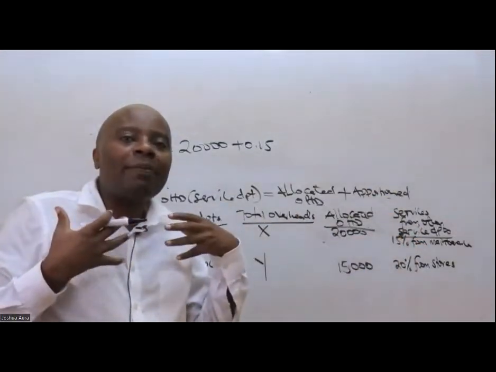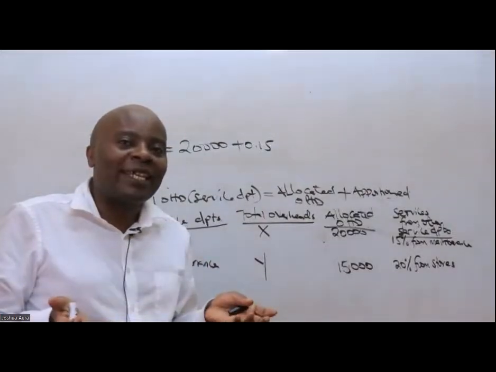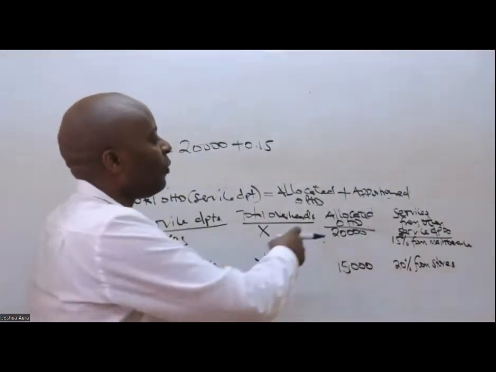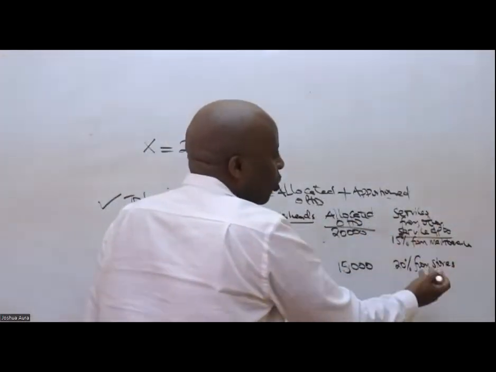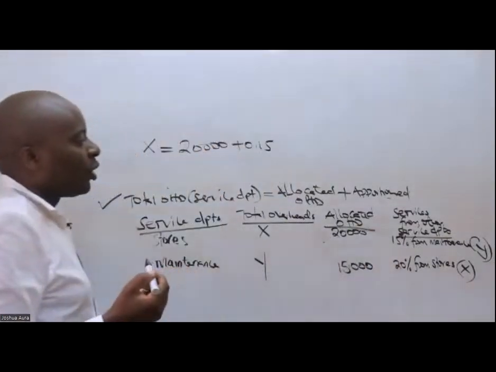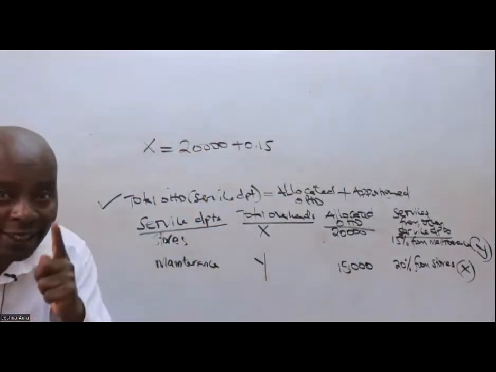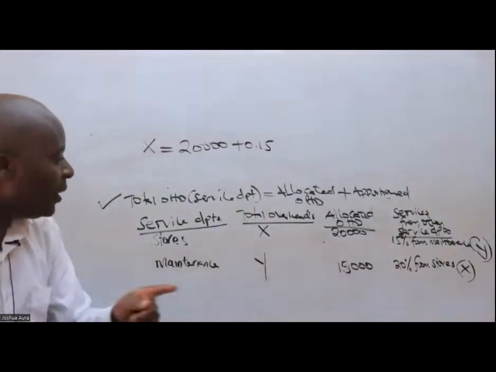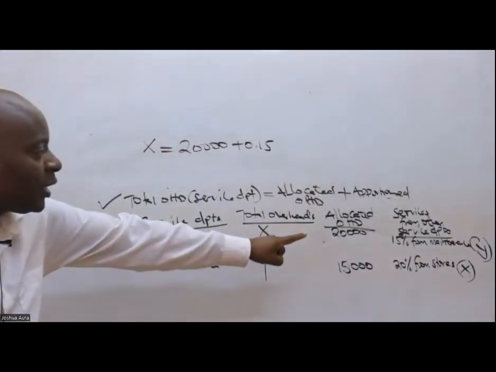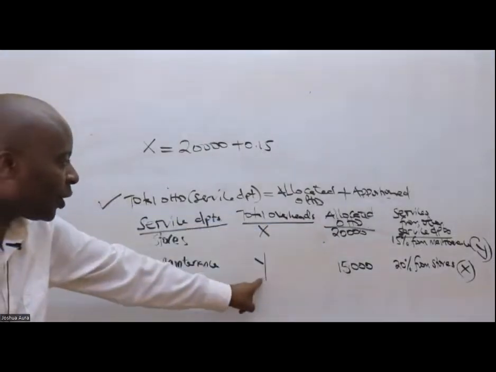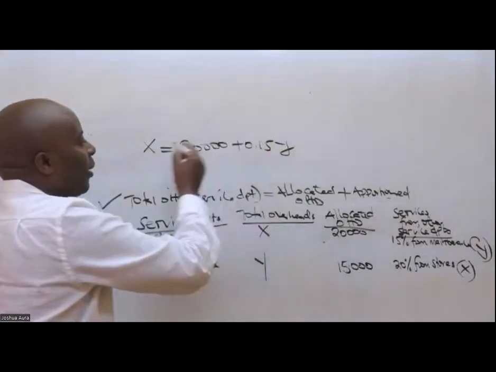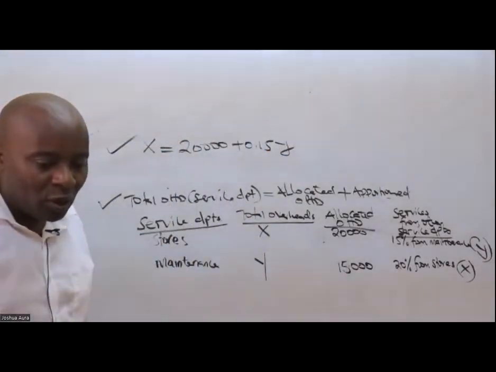We are taking a percentage over maintenance's total overhead, which is Y. So it is 0.15 of Y, like that. Now, how about the second?